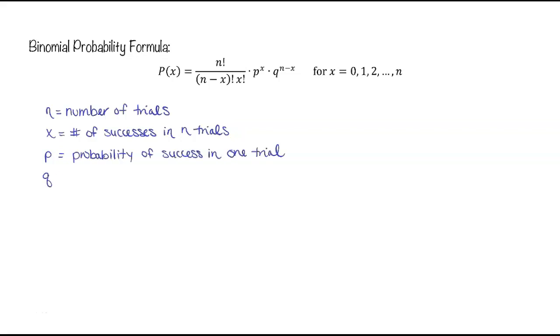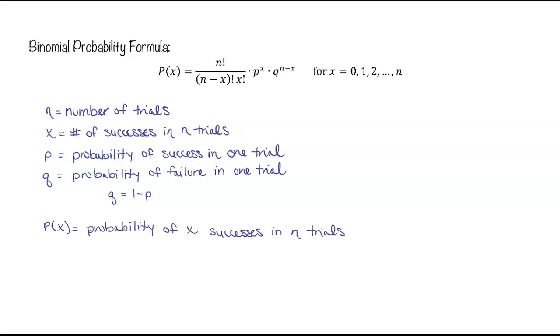And Q is the probability of a failure in one trial. Because of this relationship between P and Q, it must be that Q is equal to 1 minus P. And finally, when we calculate P of x, we're talking about the probability of exactly x successes in n trials.